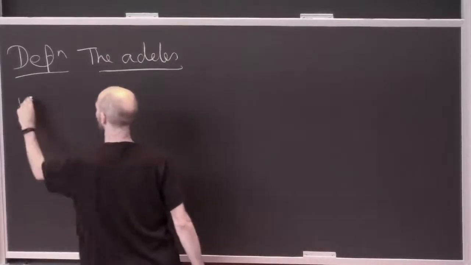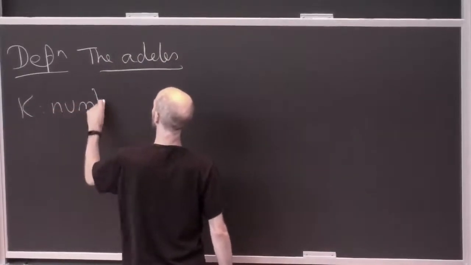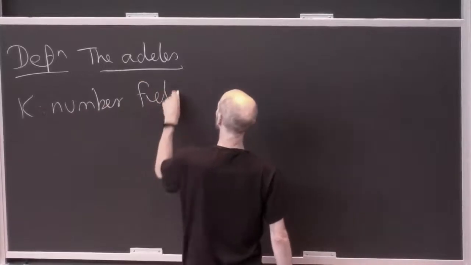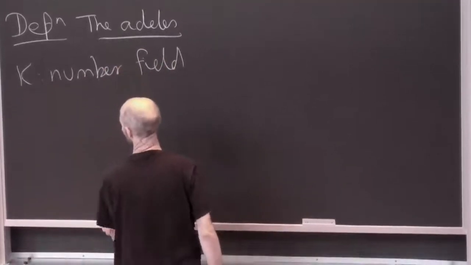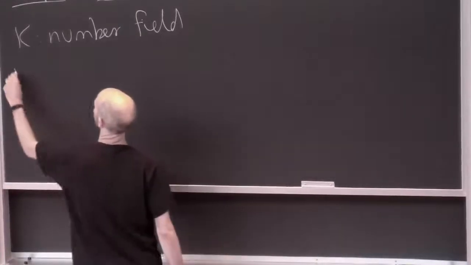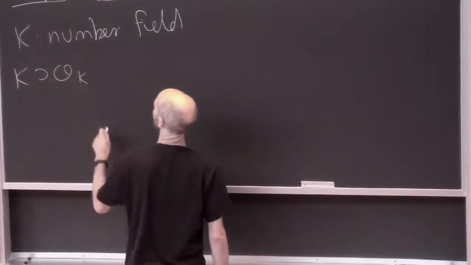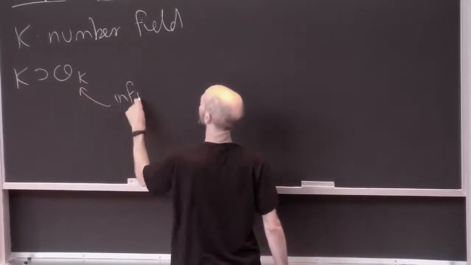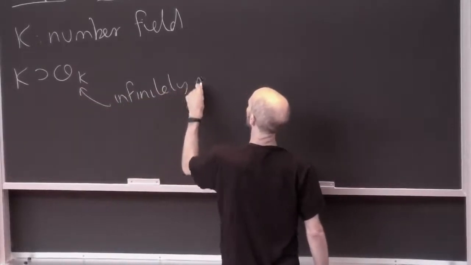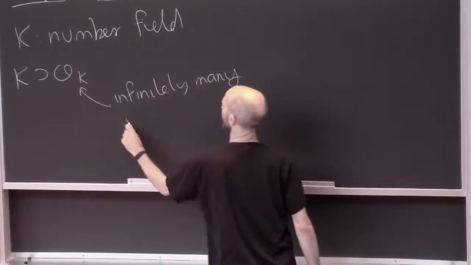Right, so K a number field. Okay, so then the idea is, so K contains O_K, right? And that's got infinitely many maximal ideals, right?